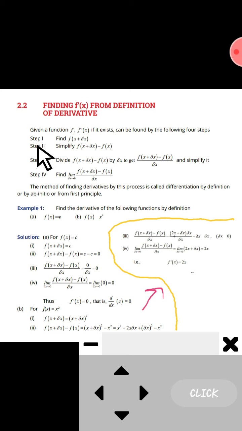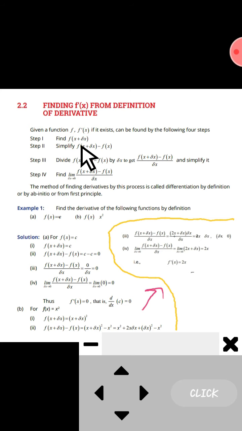Step number 1: find f of x plus delta x. Now what is delta x? We will go through the concept of delta x. Let us suppose we have been given a function f of x and we are making some small change in the function, which is delta x.